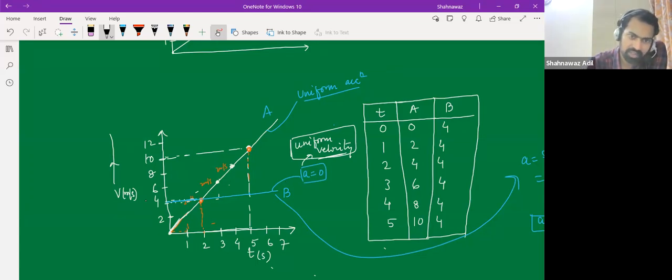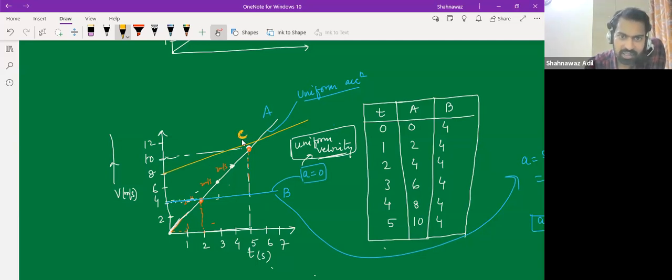Because B has the initial speed 4 meters per second and A has 0 meters per second, right? Now, let's say I draw a diagram like this. So let's say this is C.